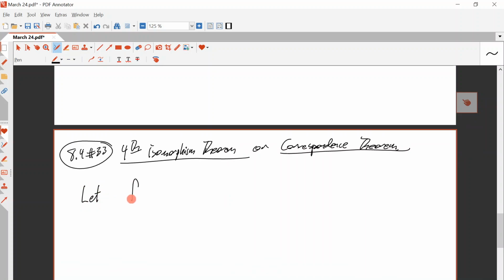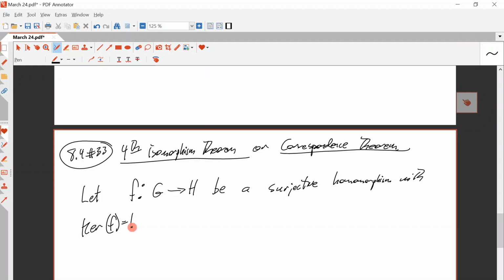Let f from G to H be a surjective homomorphism with kernel of f equal to K, right?